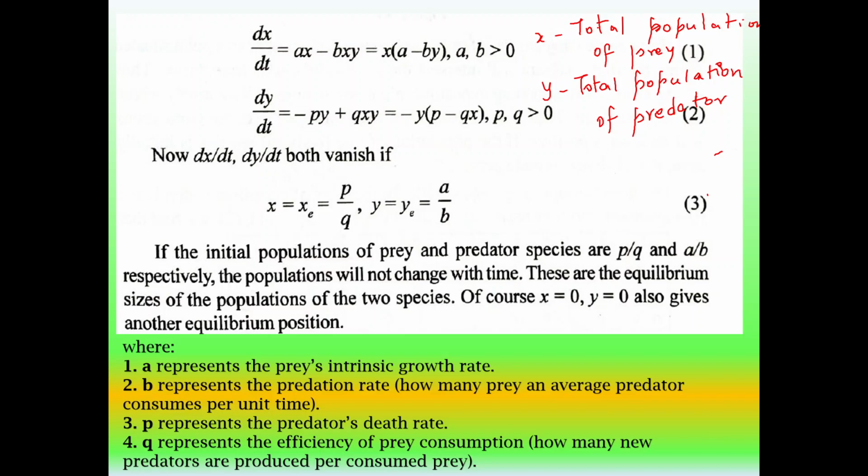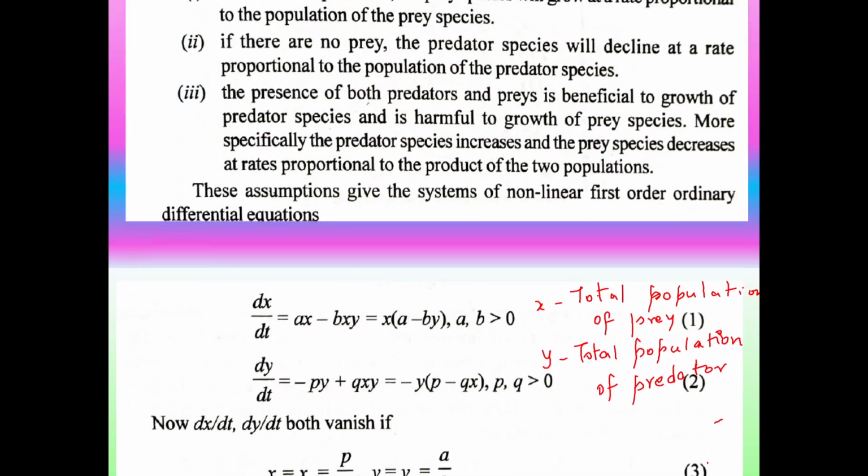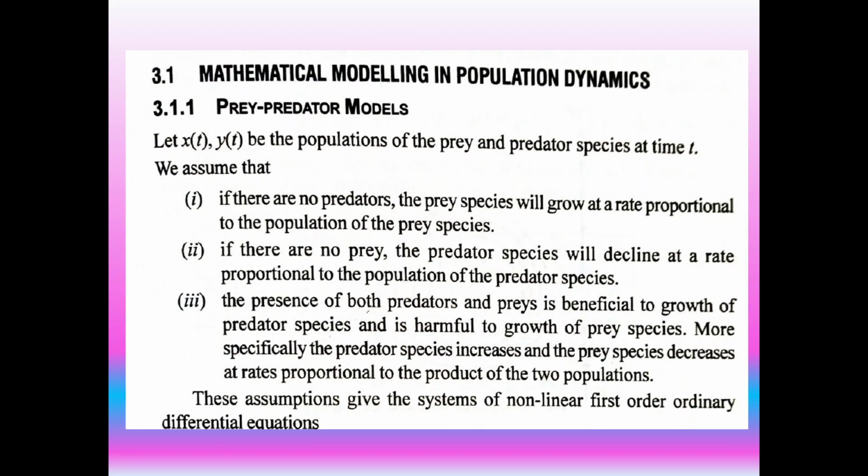So this can be calculated by counting the population of the prey in two different methods. At one time the prey count will be increased, and at another time the prey count will be decreased. According to our first assumption, if there are no predators, definitely the count of the prey will be increased.